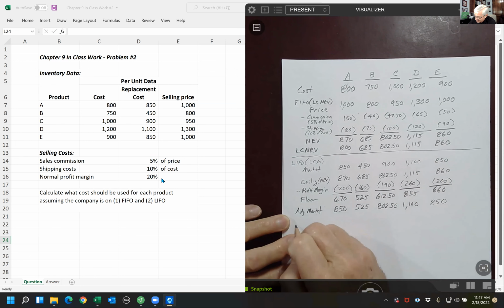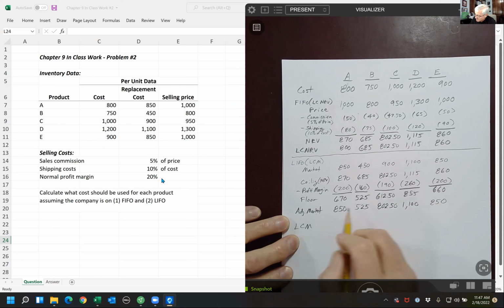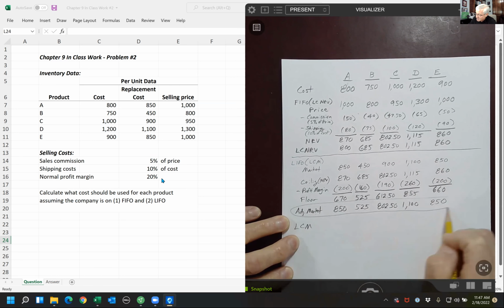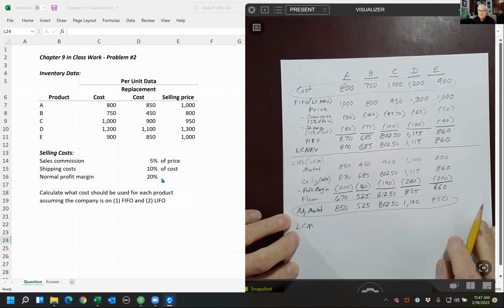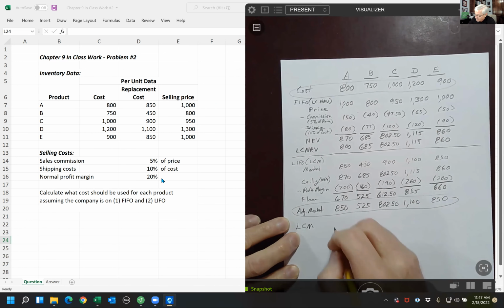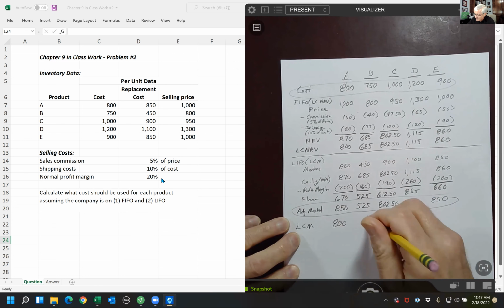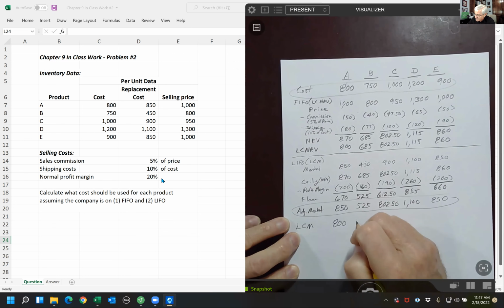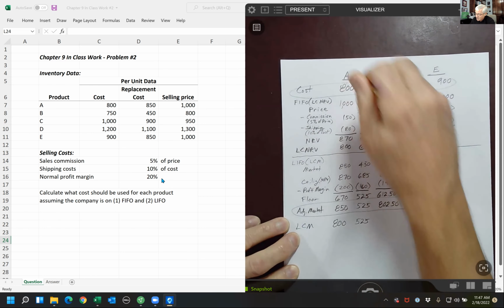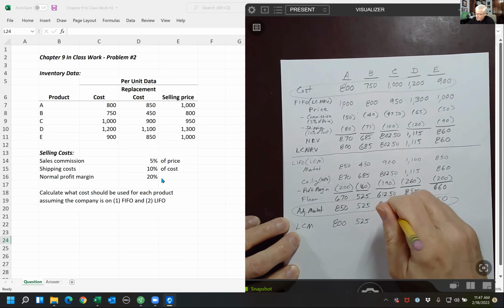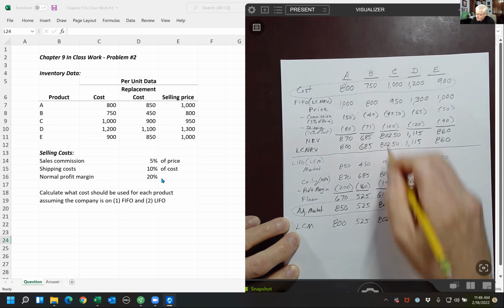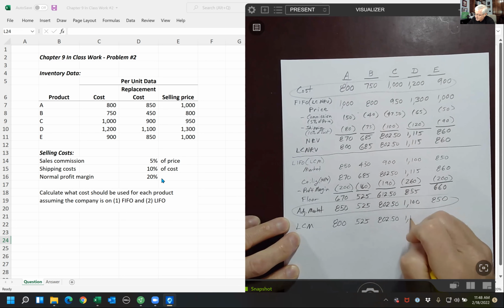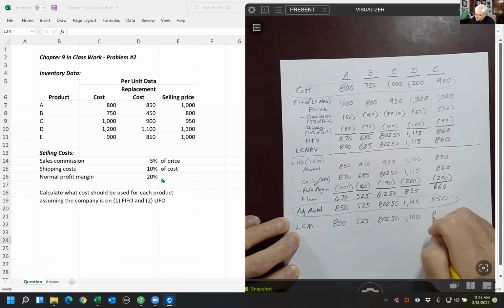All right, now lower of cost or market. And we compare this number here to our cost, lower of cost or market. 800 is lower than 850. 800. 525 is lower than the cost, 750. 802.50 is lower than the cost, 1100, lower than the cost, and then 850.